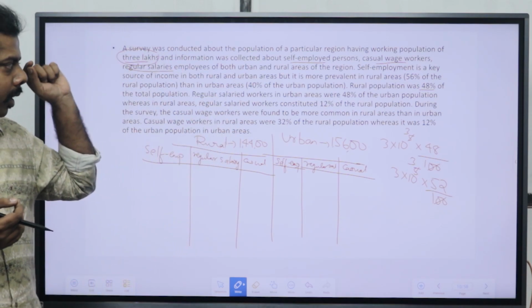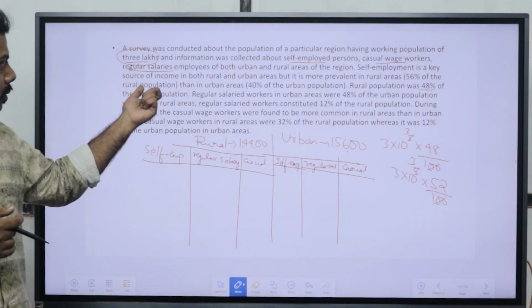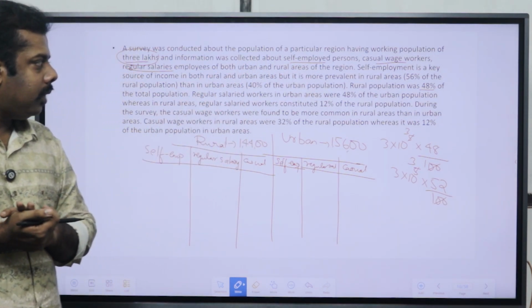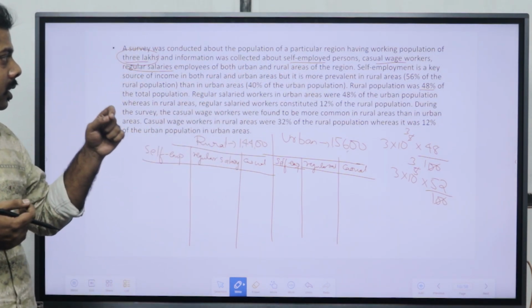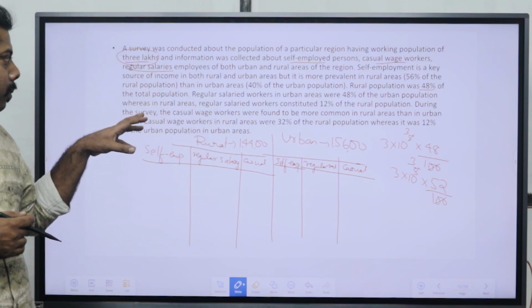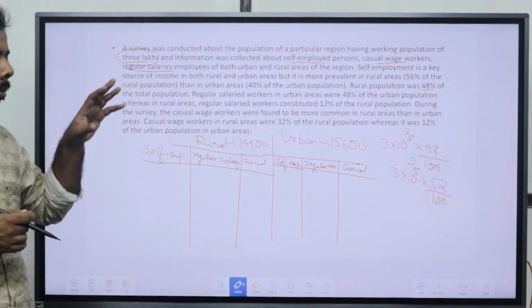Moving up, it says self-employment is a key source of income in both rural and urban areas, and it is more prevalent in rural areas, at 56% of the rural population. So out of the total rural population, 56% are self-employed people.